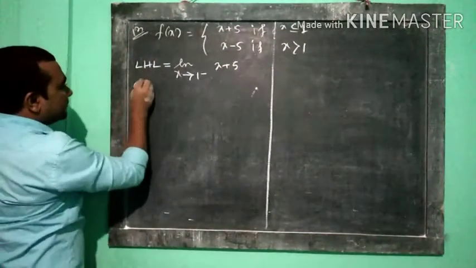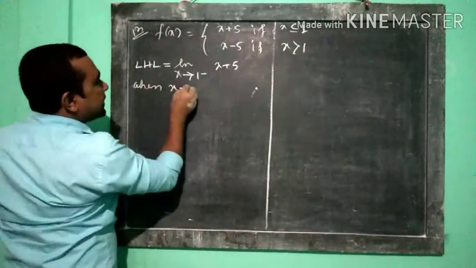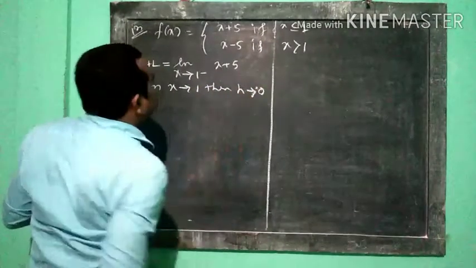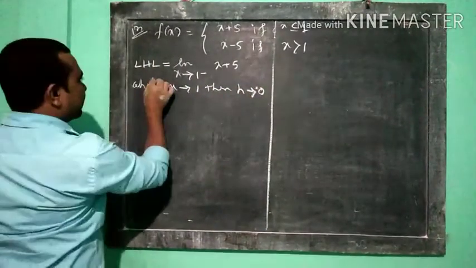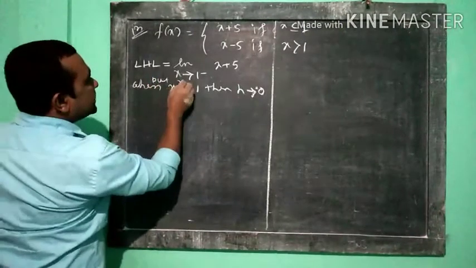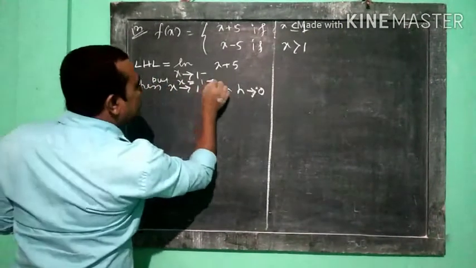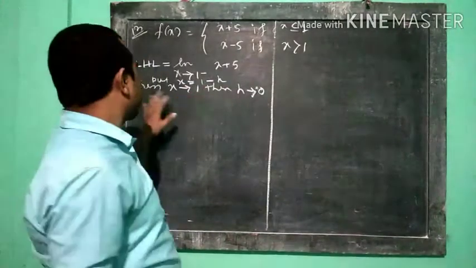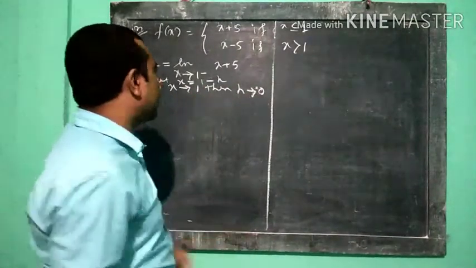So when x tends to 1, then h tends to what? Then h tends to 0. First of all you put x equal to what? 1 minus h. Okay, put x equal to 1 minus h. When x tends to 1, then h tends to 0.